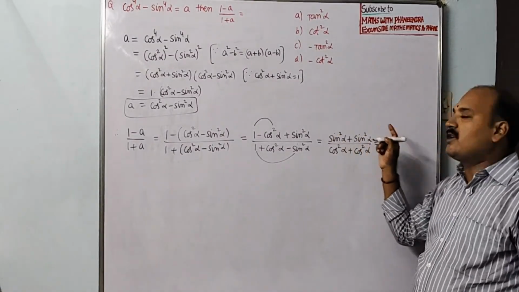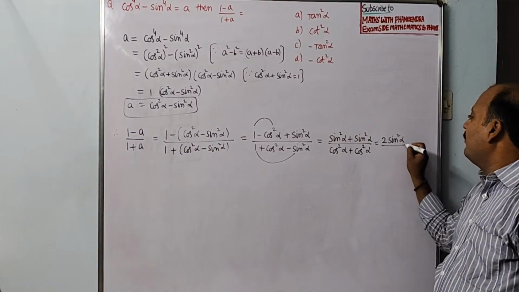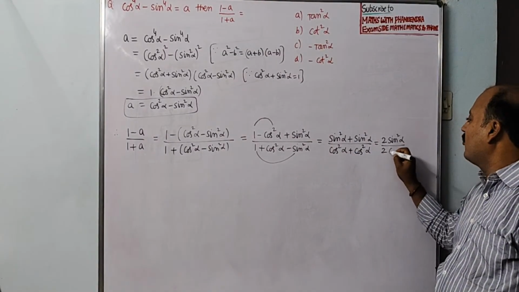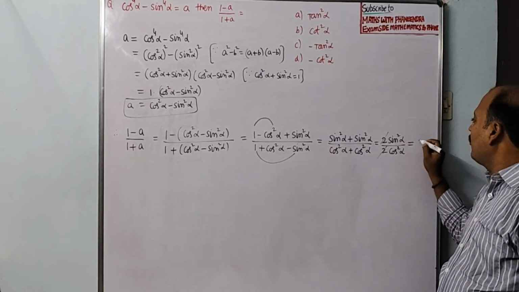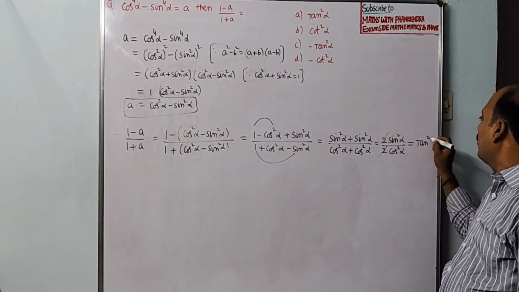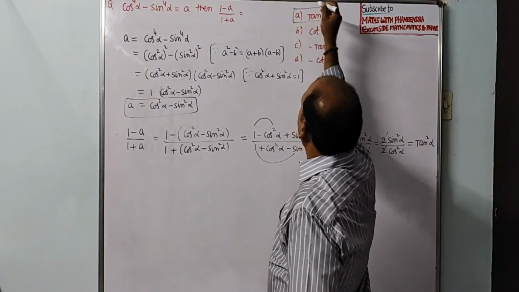Sin square alpha plus sin square alpha, 2 sin square alpha, divided by cos square alpha plus cos square alpha, 2 cos square alpha. So sin square alpha by cos square alpha is tan square alpha. It is there in the first option, dear students.